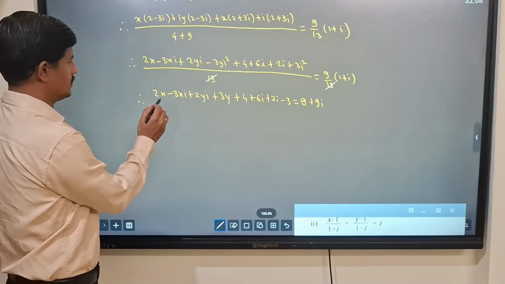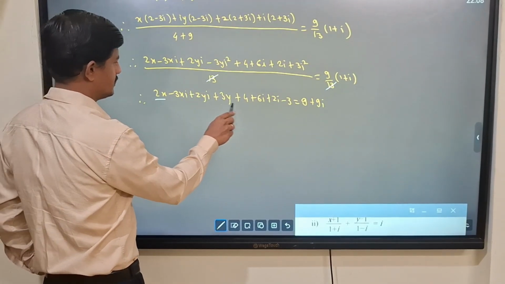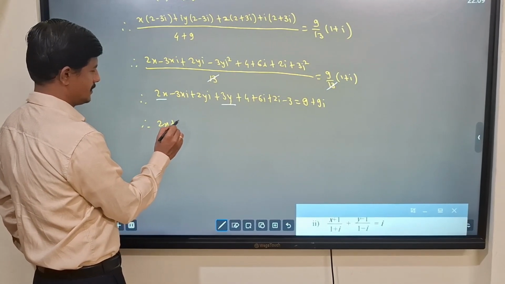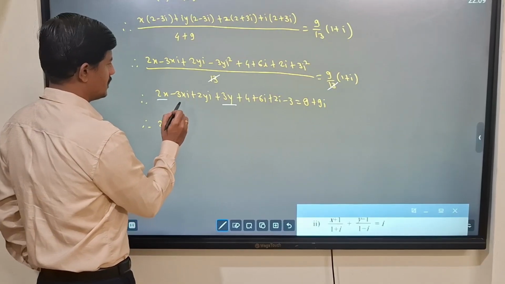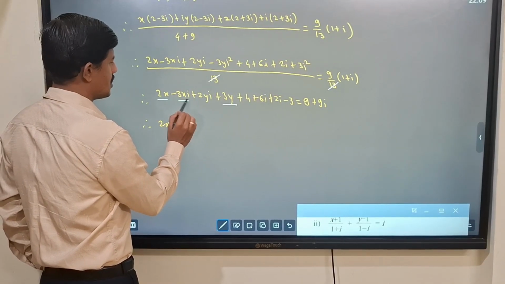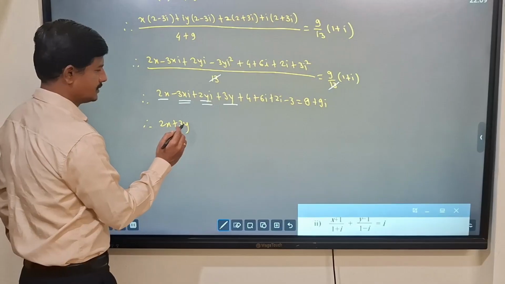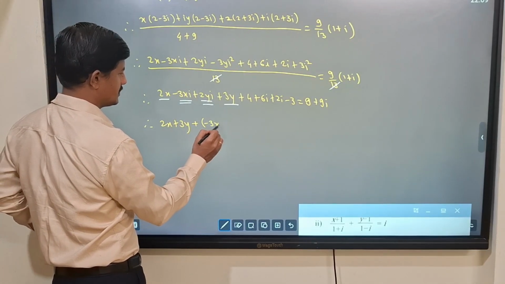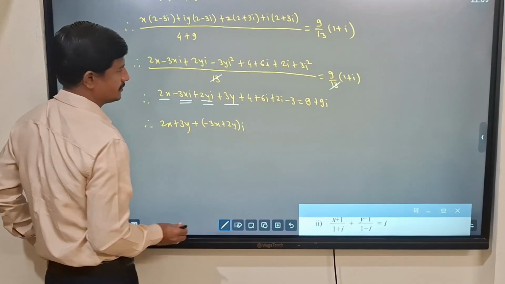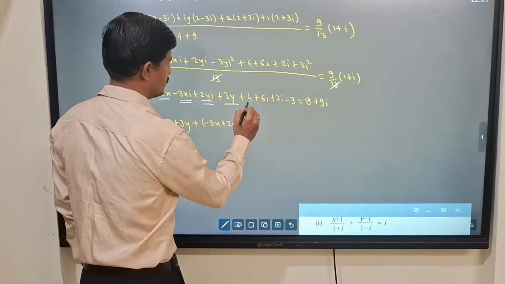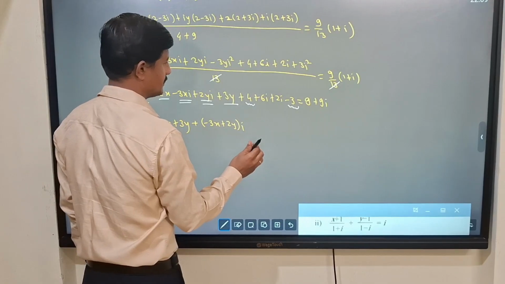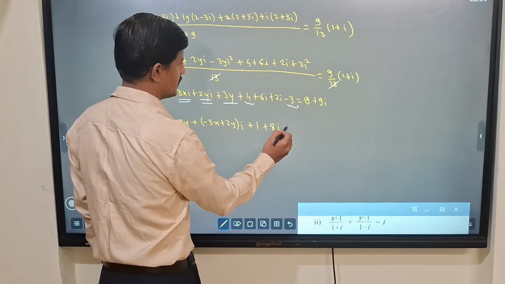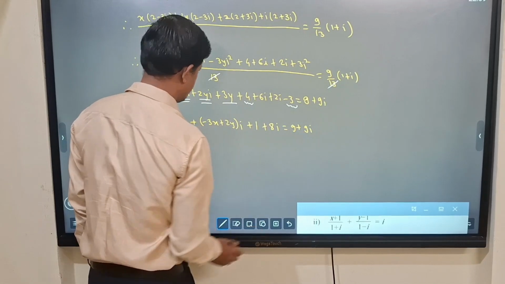Now this 2x and 3y I write down in one place. 2x plus 3y, here I will take i as common from these two terms, plus here minus 3x plus 2y i. Now here this 4 minus 3 is simply 1. 6i plus 2i is 8i equal to 9 plus 9i.